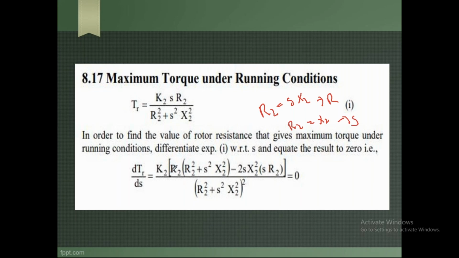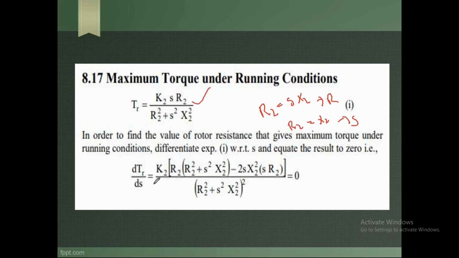Let me show the simplification of this equation. This is in the form of the U by V rule.